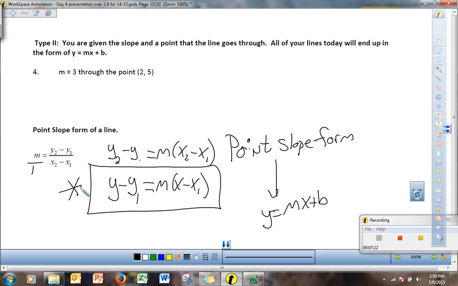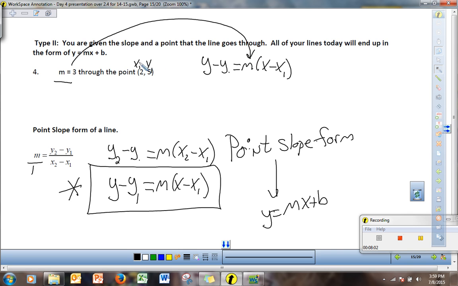Now, come back up to number 4 and let me show you how we're going to use this. I'm going to give you an m value. I'm going to give you an x sub 1 value and a y sub 1 value. We're going to plug those into the formula. So it's going to look like this. I got y minus y sub 1 equal m times x minus x sub 1. In place of m, I'm going to plug a 3, so I'm going to plug a 3 right there.